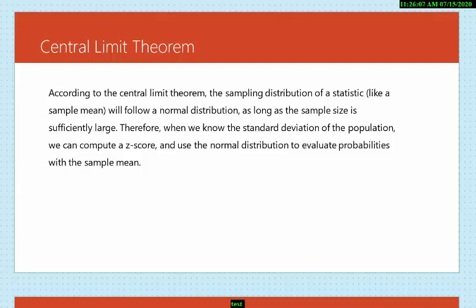And then once you do that, the mean of the sampling distribution will be equal to the mean of the population, and the standard deviation of the sampling distribution will be equal to the standard deviation of the population divided by the square root of the size.